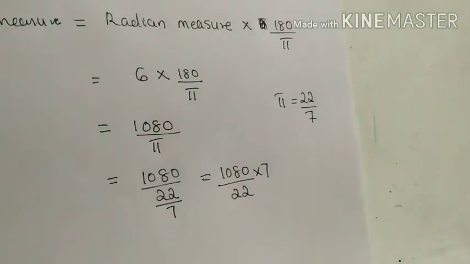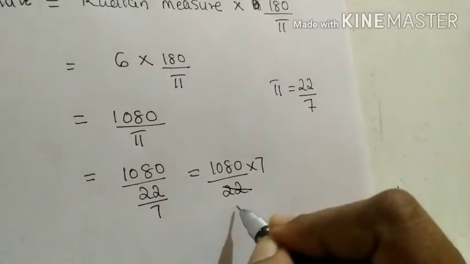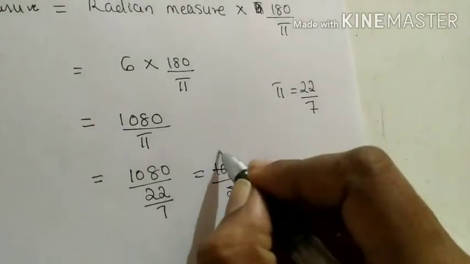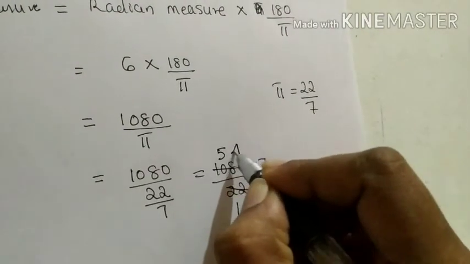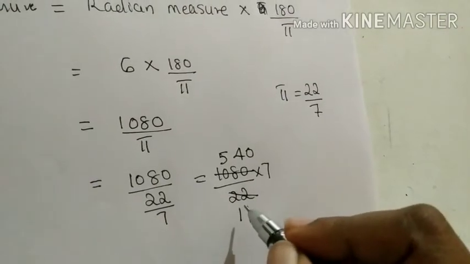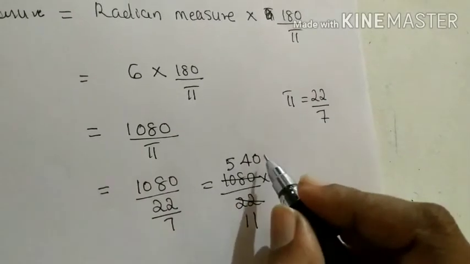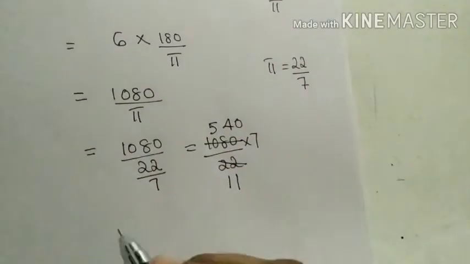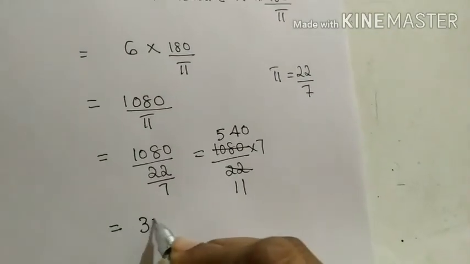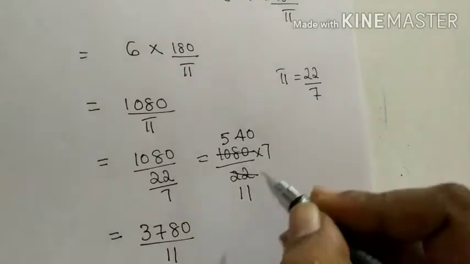Okay, and cancelling this by 2, we get 11 in the denominator and 540 in the numerator, and we get 540 into 7 is 3780, and the denominator is 11.